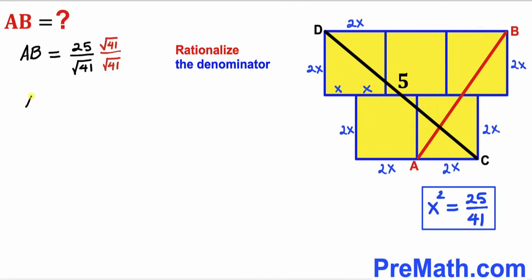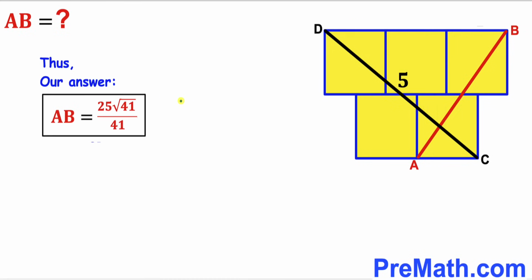So therefore our AB length turns out to be 25 times the square root of 41 divided by 41 units. So thus after all the calculations and manipulations, our AB length turns out to be 25 times square root of 41 all over 41 units.